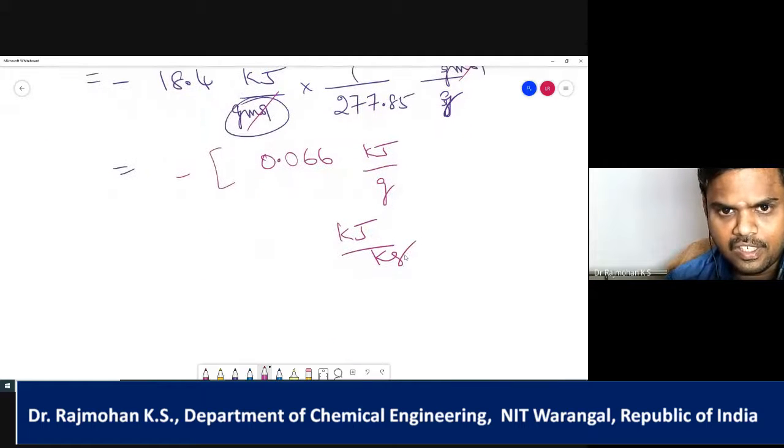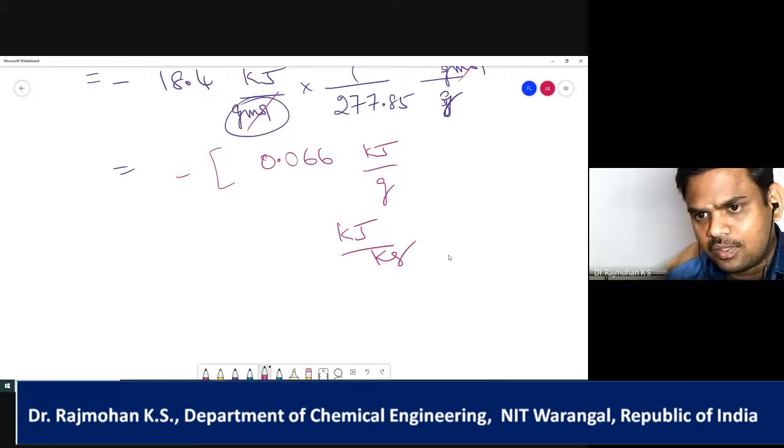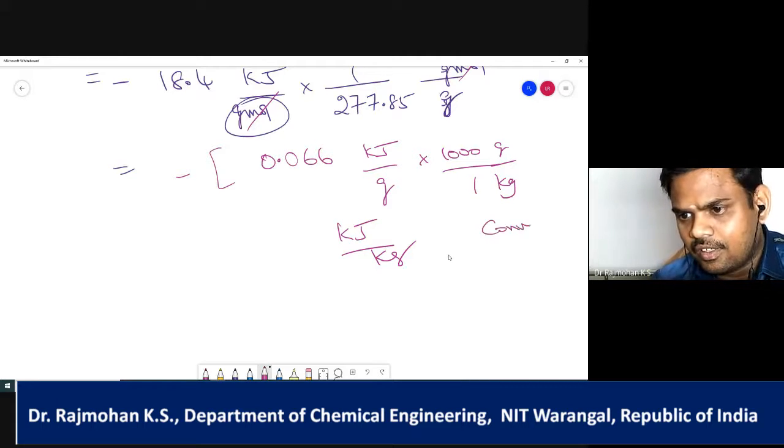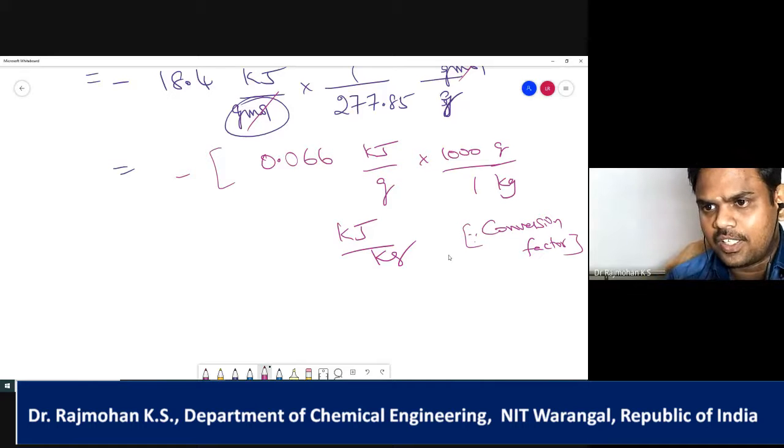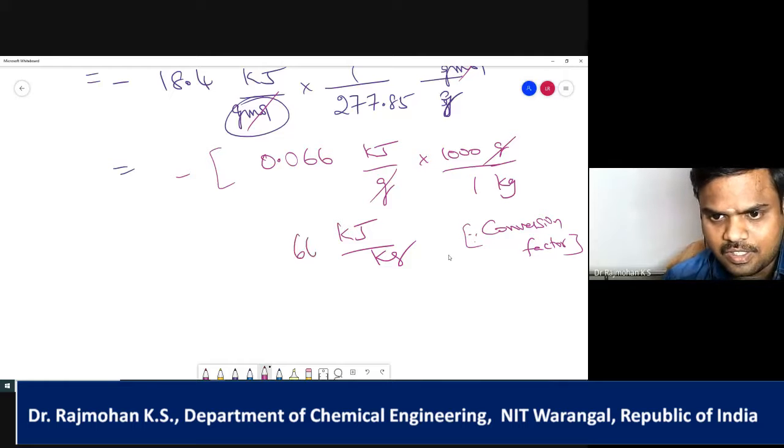When multiplying, I multiply by 1000 grams; 1 kg is equal to 1000 grams, it is just a conversion factor. Don't get confused about where the 1000 comes from. The gram gets cancelled, so that is 66 kilojoule per kg.